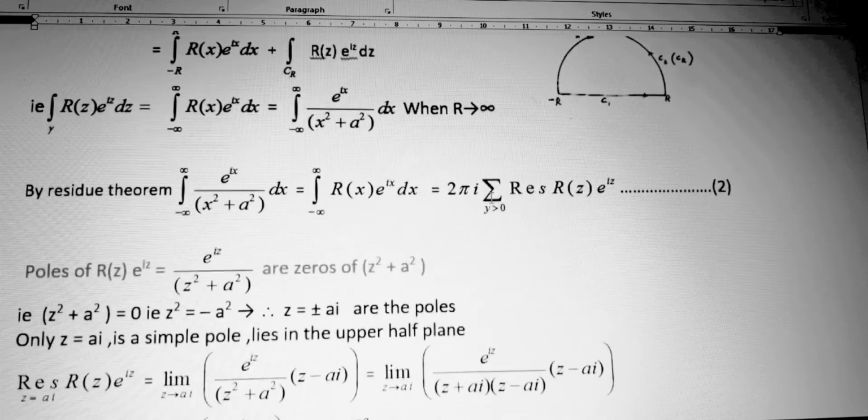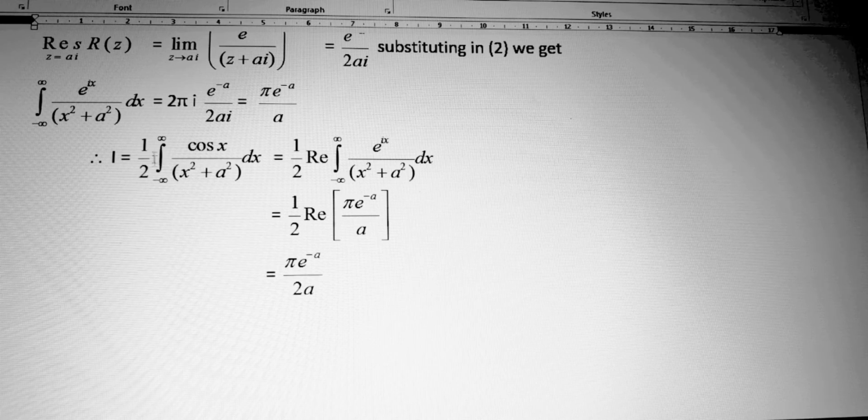That is, I equals half of the integral from minus infinity to infinity of cos x by x square plus a square dx, which is equal to half of the real part of the integral of e raised to ix by x square plus a square dx, which is equal to half of the real part of pi e raised to minus a by a, and this is real. Therefore, we get pi e raised to minus a by 2a, which is the given or required integral. Thank you.